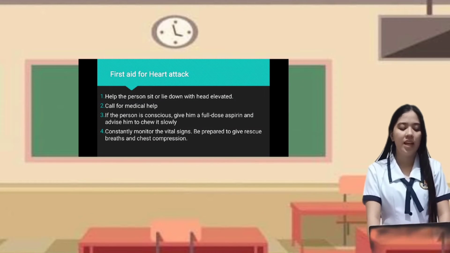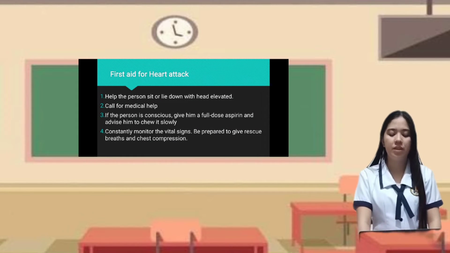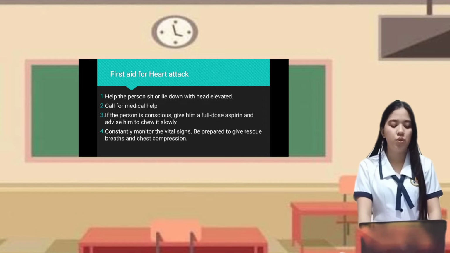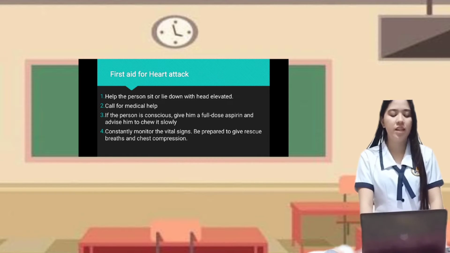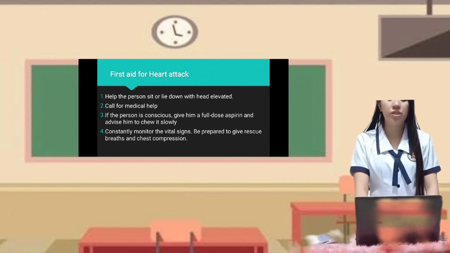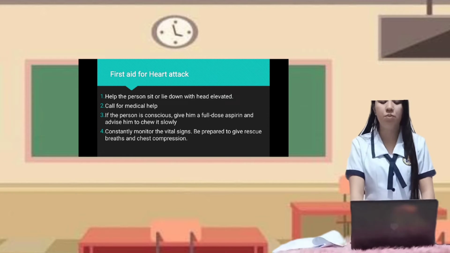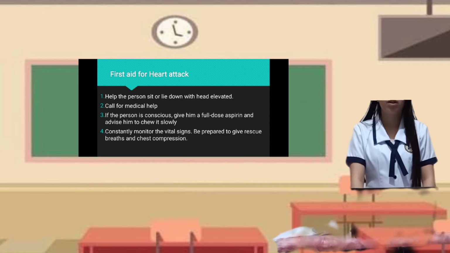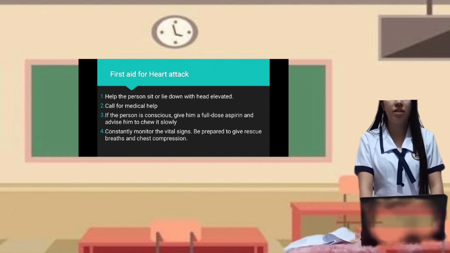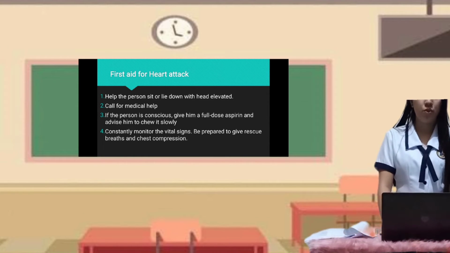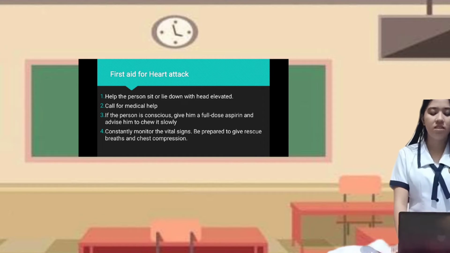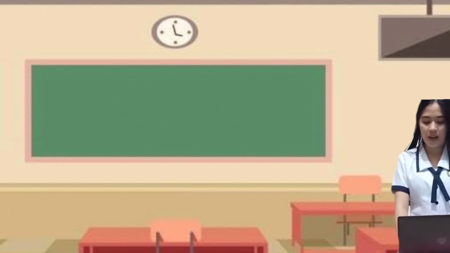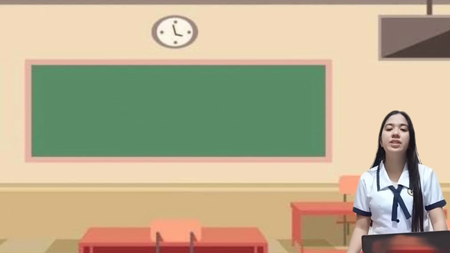Number 1, help the person sit or lie down with the head elevated. 2, call for medical help. 3, if the person is conscious, give him a full dose of aspirin and advise him to chew it slowly. 4, constantly monitor the vital signs. Be prepared to give rescue breaths and chest compressions. So, yes, it's correct.